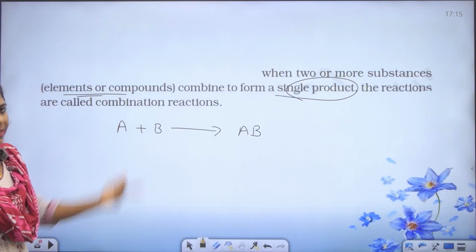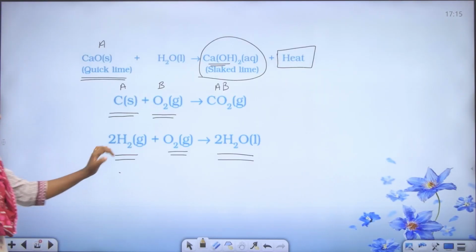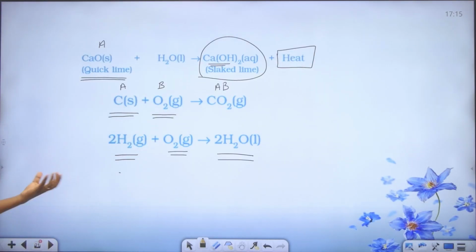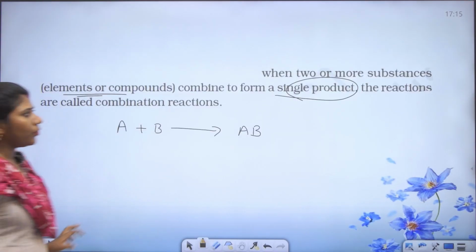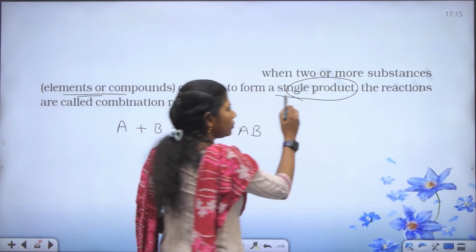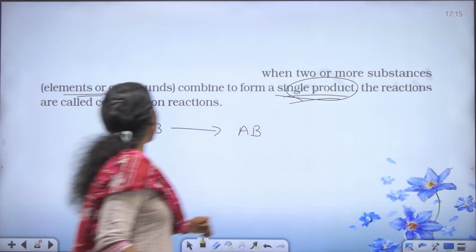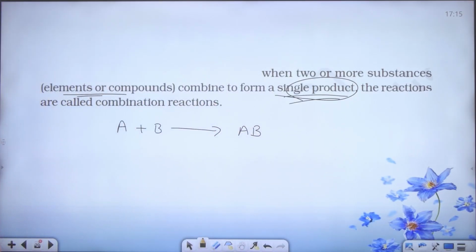Two or more substances, here hydrogen and oxygen, are the reactants. Two or more substances or reactants react to form a single product. Note the point: single product. The reaction is known as a combination reaction.